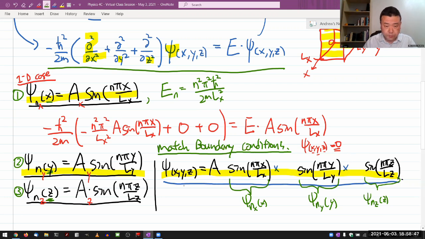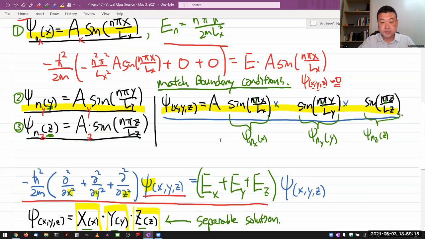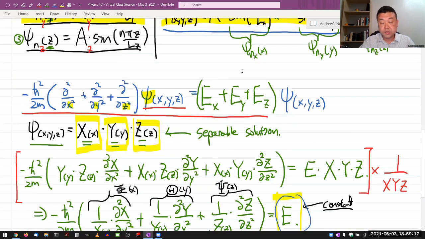And this wave function has three quantum numbers, nx, ny, and nz. And you can see from here what the allowed values for the total energy will be. You can generalize from the one-dimensional case, knowing from having done this separable solution procedure that the total energy will be just the sum of the energies.